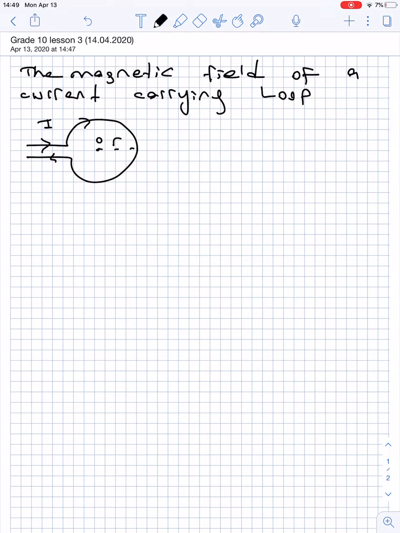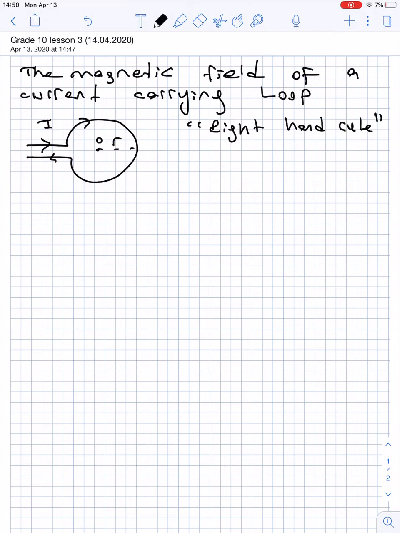And to find the magnetic field of a current carrying loop, we also have to use the right hand rule. But this is opposite to the magnetic field of a straight wire.